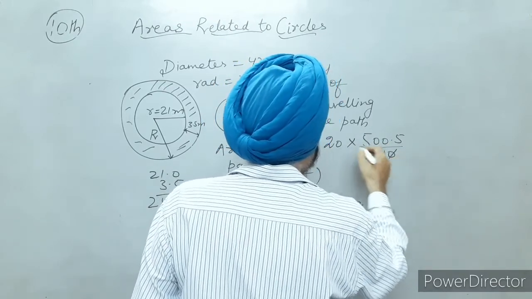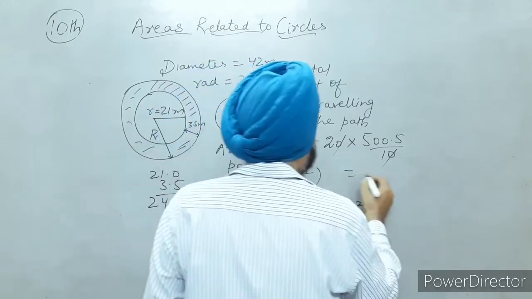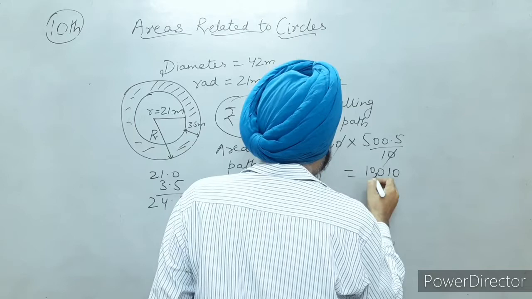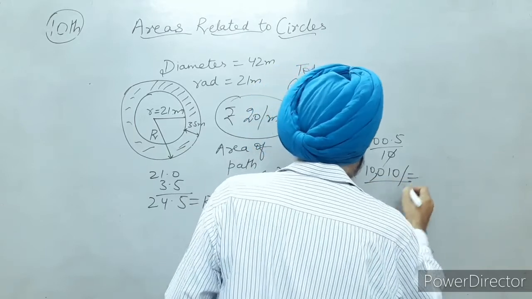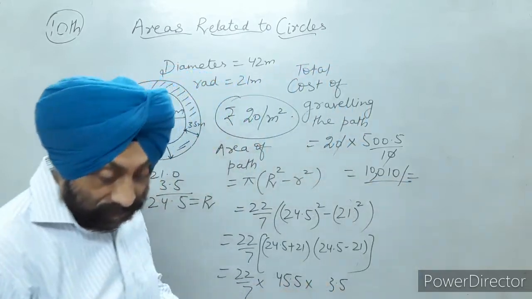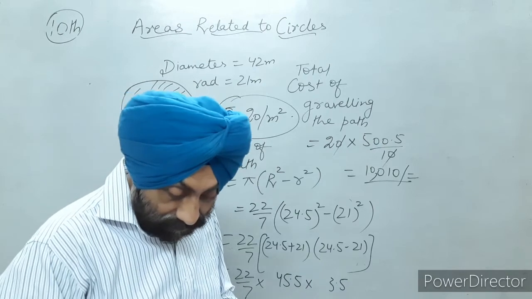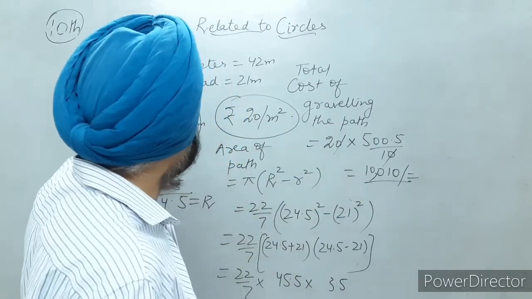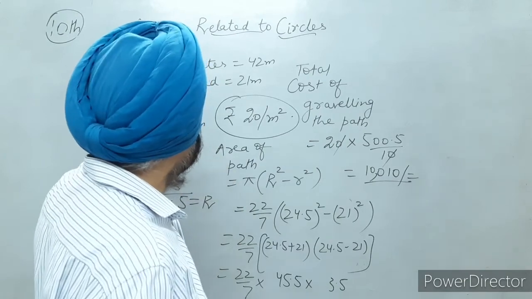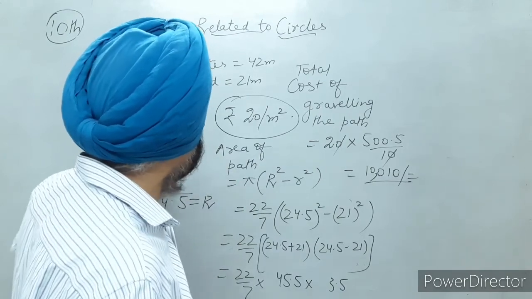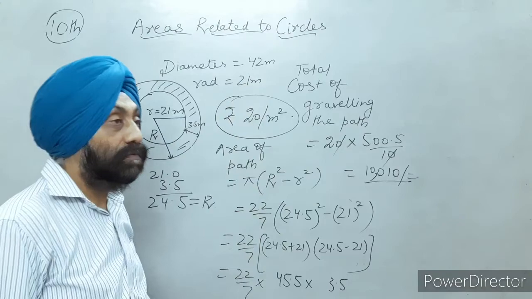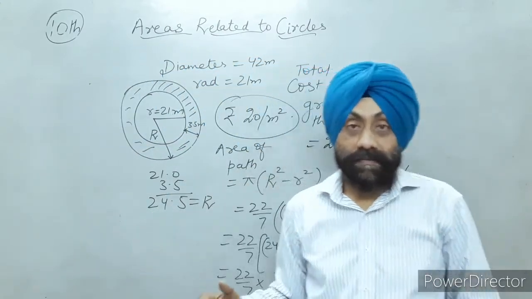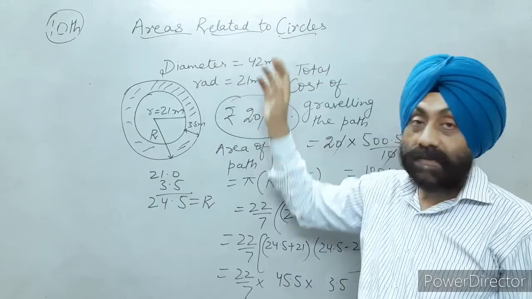Take 10 out of here, it goes. That is 5, 0, 1, 0, 10. 10,010 rupees is the cost of graveling this path which was surrounding the park, whose diameter was 42 meters. This is how we solve the questions based on area related to circles.